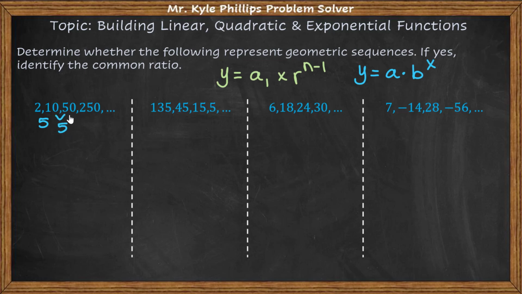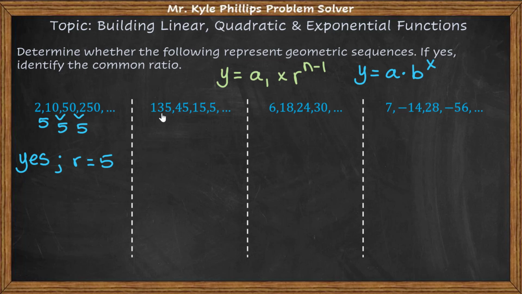Did I multiply 50 by 5 to get the next term in the sequence? And yes, I did. So here I am multiplying by 5 every time. So yes, this is a geometric sequence because a geometric sequence has a common ratio. That's what your R represents. And then they want to know what that common ratio is. So here we're just going to say that R is 5.